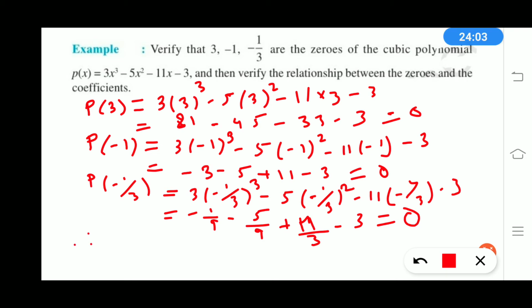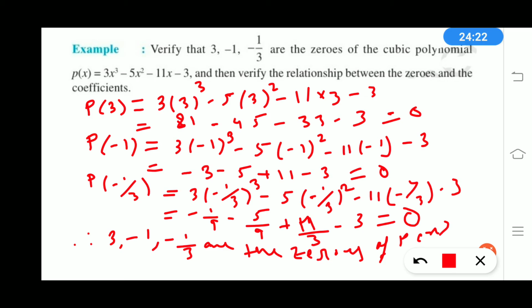So therefore we say that 3, minus 1, and minus 1 by 3 are the zeros of p of x.